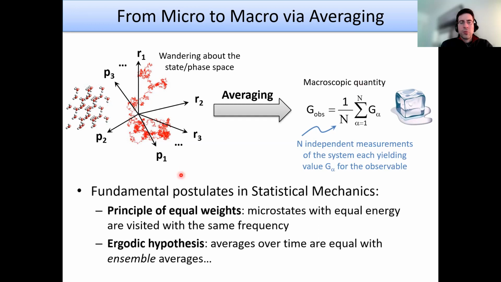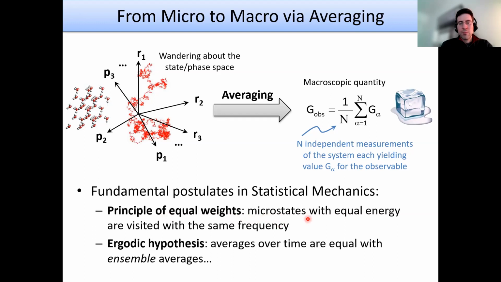Now, there are two fundamental postulates in statistical mechanics that we're going to also invoke later when we're discussing averaging operations. First of all, the principle of equal weights. It's a simple principle, but with very important consequences. So what does the principle say?